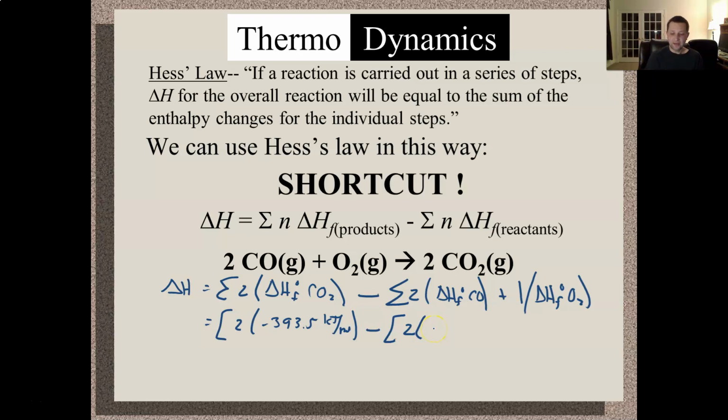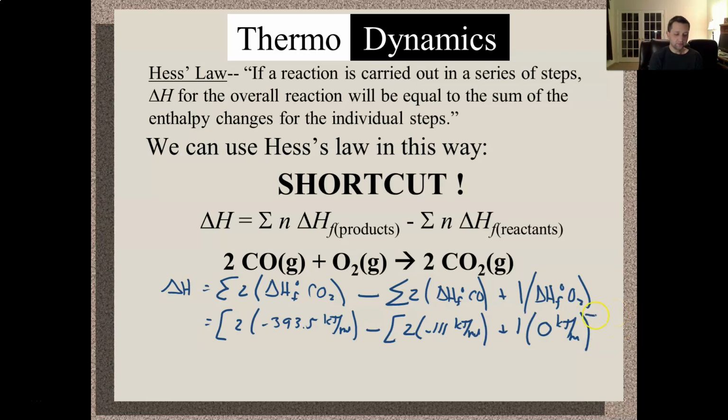And if I look that up, that is going to be negative 111 kilojoules per mole. I'm looking at my note sheet, making sure I'm telling you the right numbers here. Plus 1 times the heat of formation of O2. Well, guess what? That is 0 kilojoules per mole, because it's already in its standard state under standard conditions.